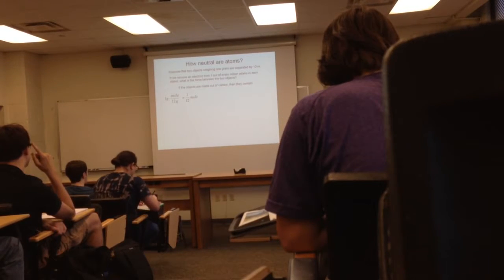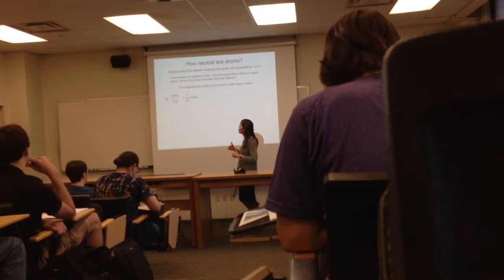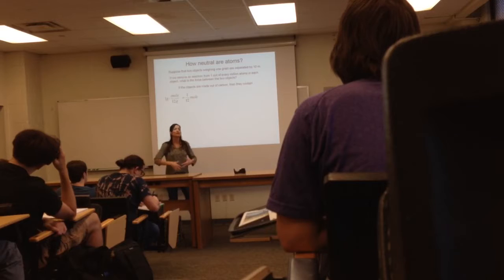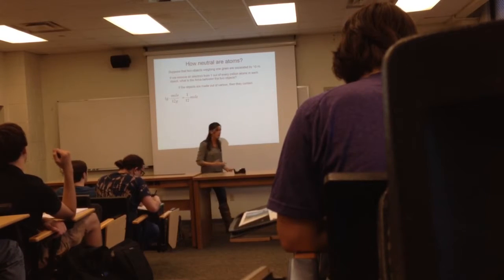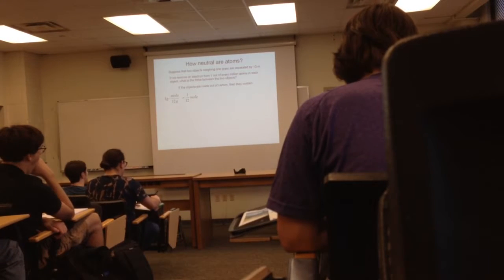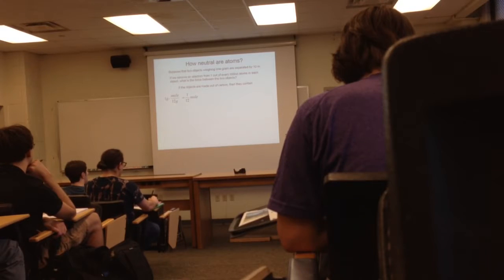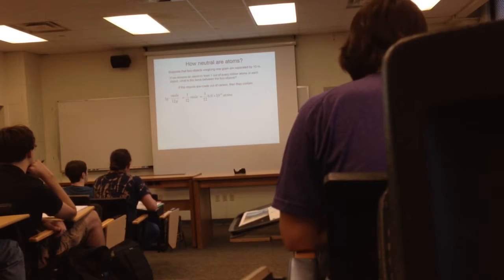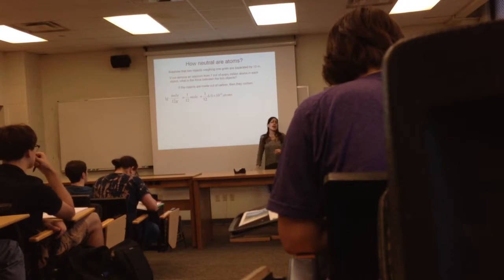Why? It helps you make sure you're multiplying or dividing the right way. The grams cancel with grams, and you're left with moles of carbon. Now I need to figure out how many particles are in 1 mole of carbon, so I multiply this number by 6.0 times 10 to the 23 atoms.